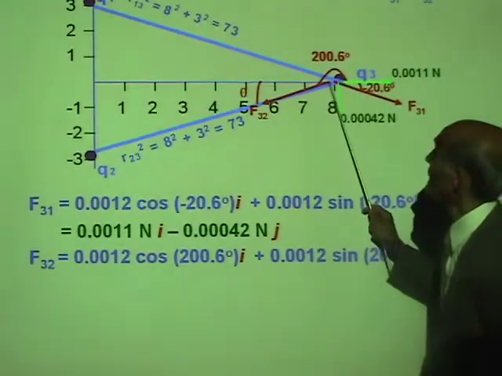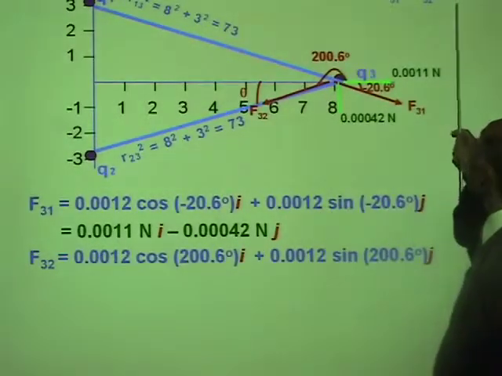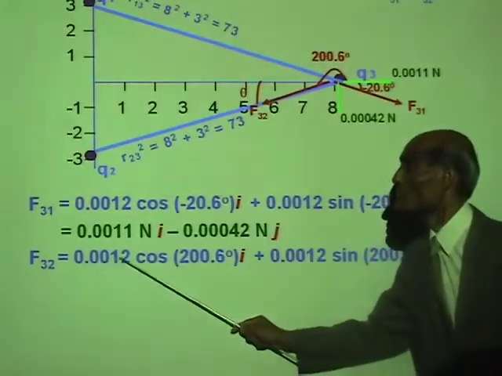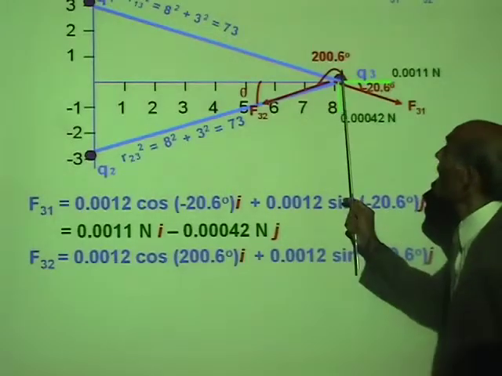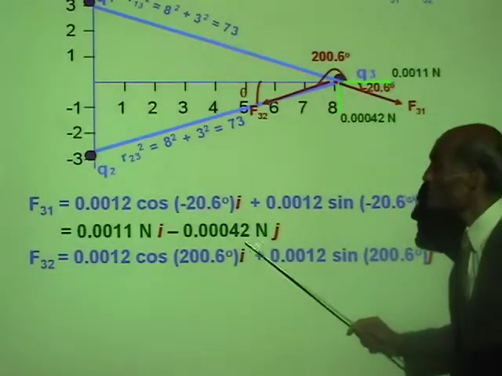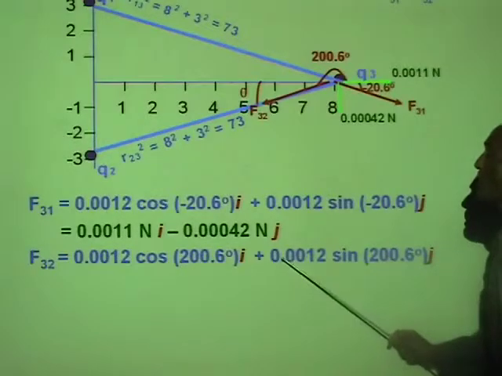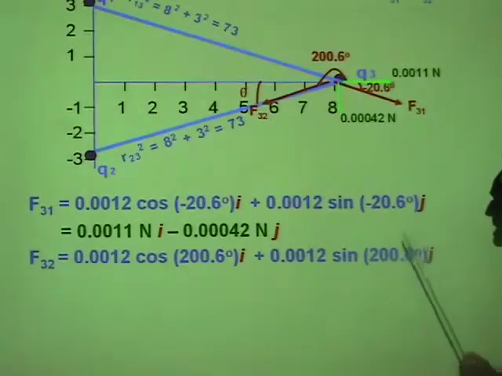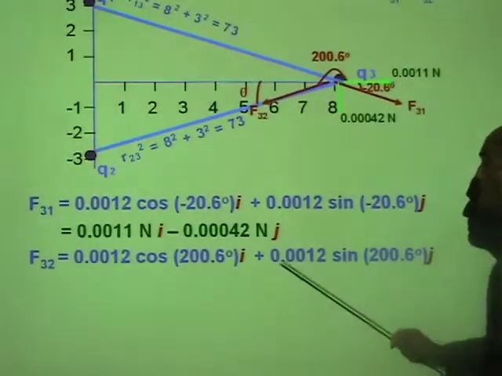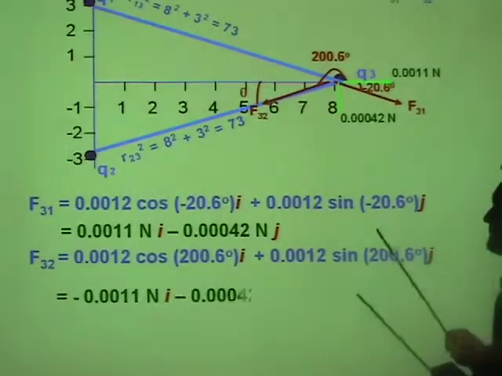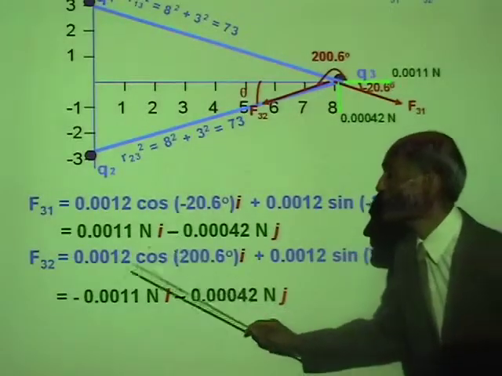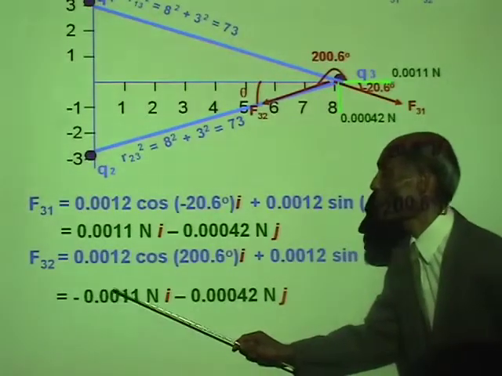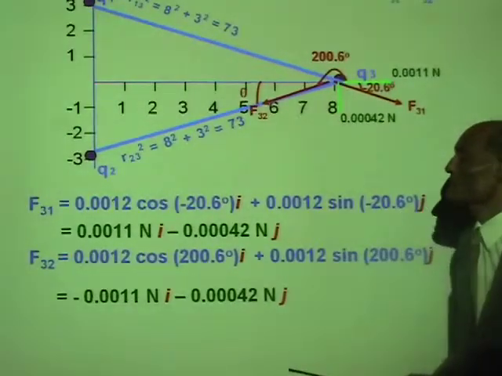F32 equal to, again, the magnitude of this is 0.0012. So that will be 0.0012 cos of angle 200.6 degrees i plus 0.0012 sine 200.6 j, the x component plus the y component. And now when you put that in your calculator, this quantity is negative 0.0011 Newton i.